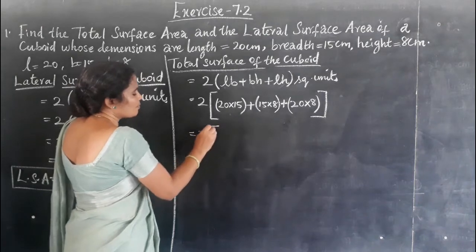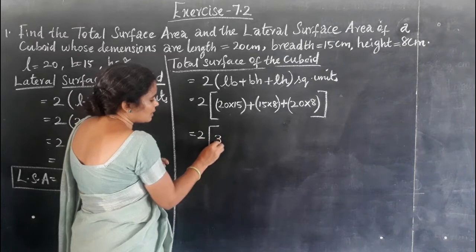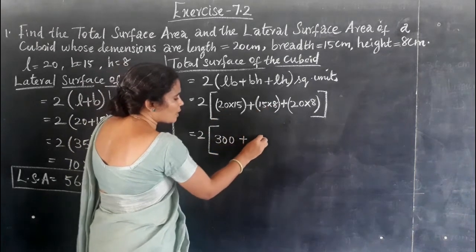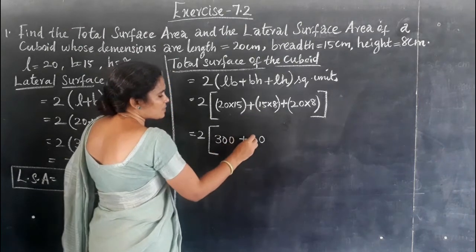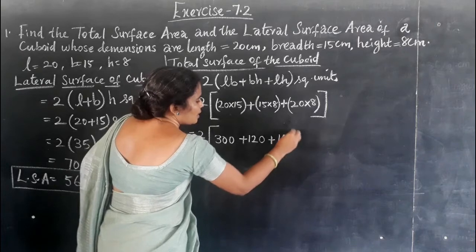Is equal to 2. So 20 into 15. So 15 twos are 30, 0. So 300 plus 8 5s are 40, remaining 4, 8 plus 4, 12 plus 8 2s are 16 and 0.